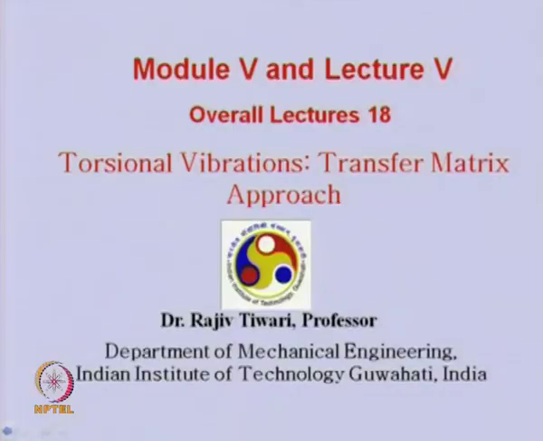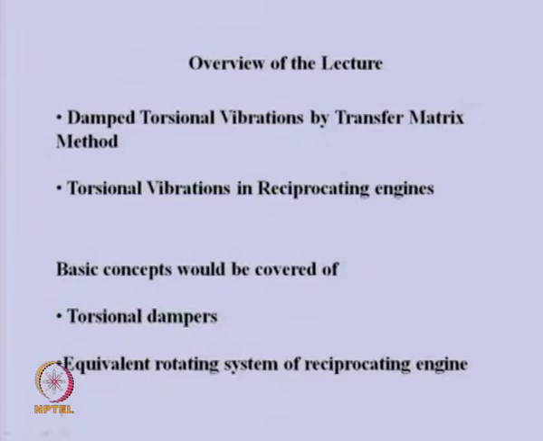So, let us see the objective of the present lecture. We will be analyzing the damped torsional vibration, extending the transfer matrix method for this, and also the torsional vibration of a reciprocating engine.